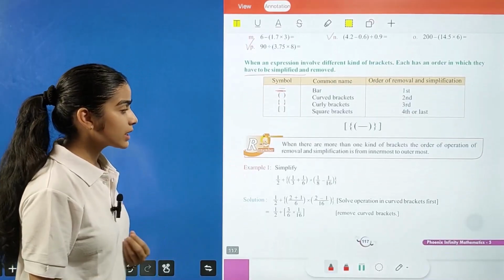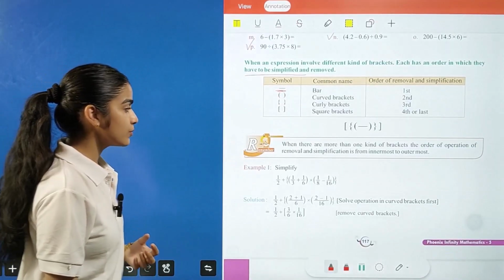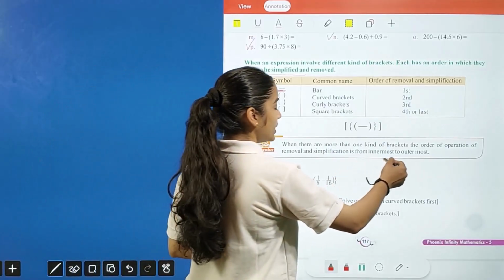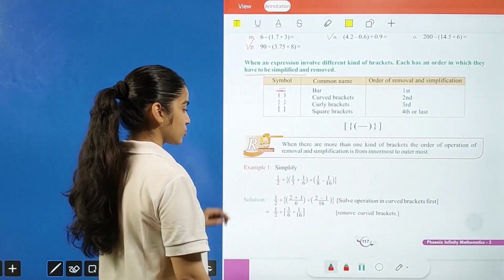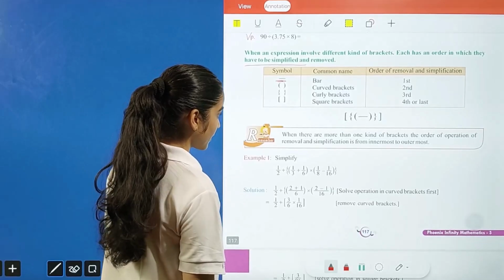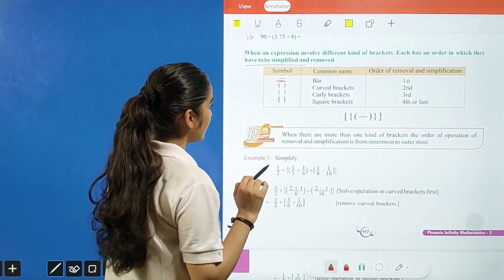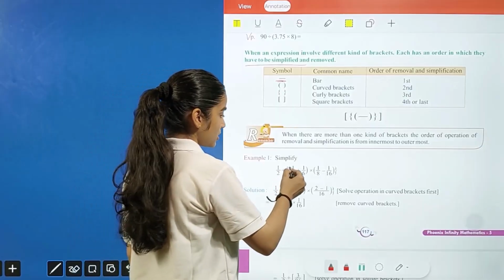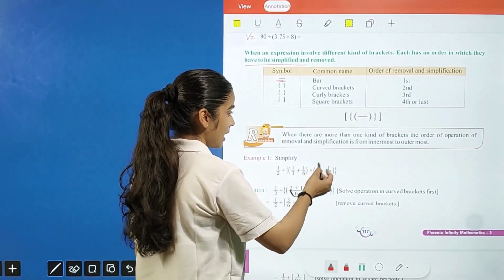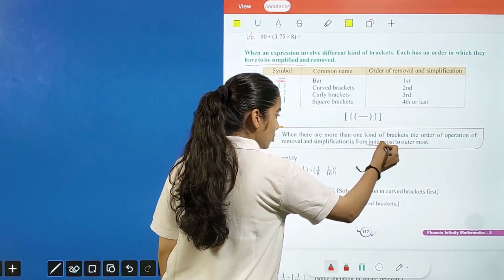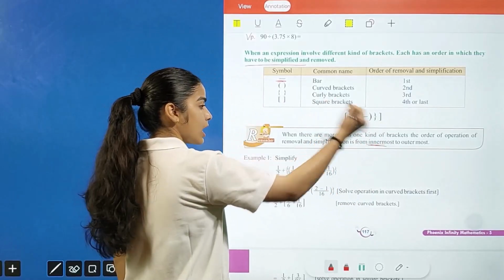When there is more than one kind of bracket, the order of removal and simplification is from innermost to outermost. So first, okay, we don't have any bar, then we have curved brackets. So this is your curved brackets, right? First we have to solve the innermost and then shift to the outermost.